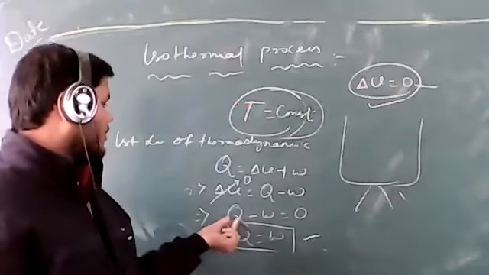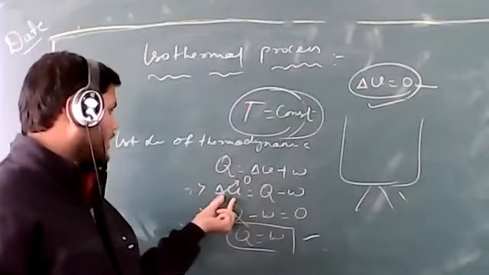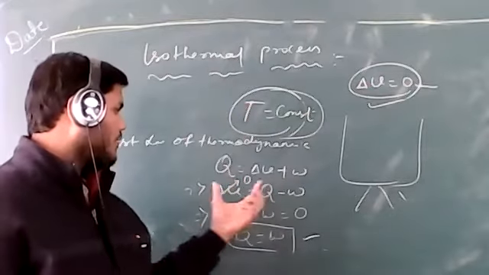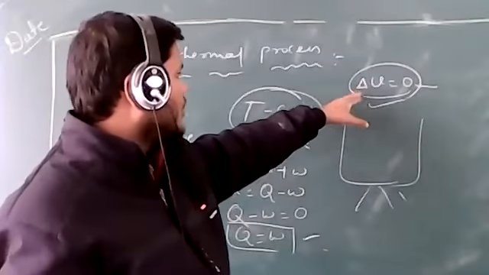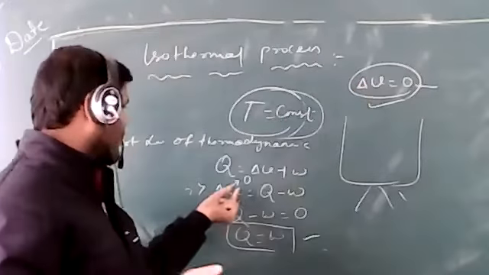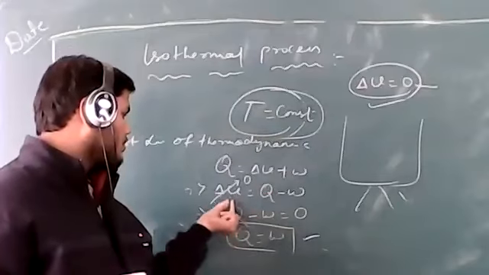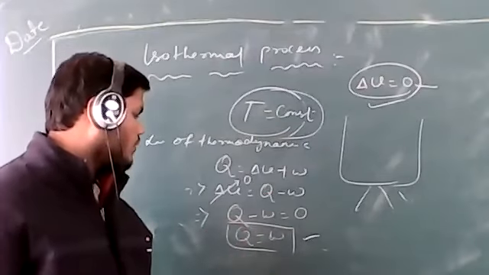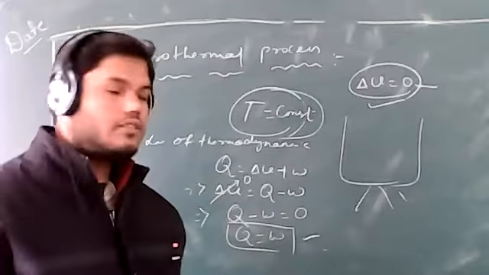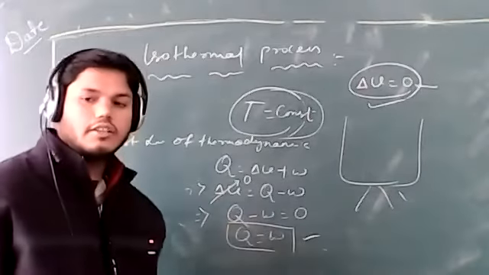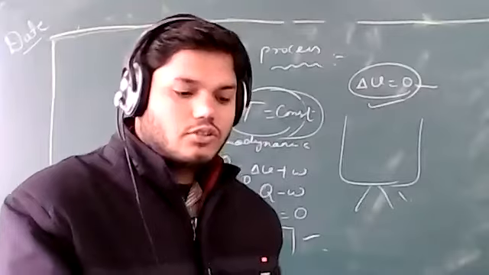Then Q minus W equals 0, so Q equals W. Whatever heat we have supplied is directly converted into work done. So these are all about the isothermal process.